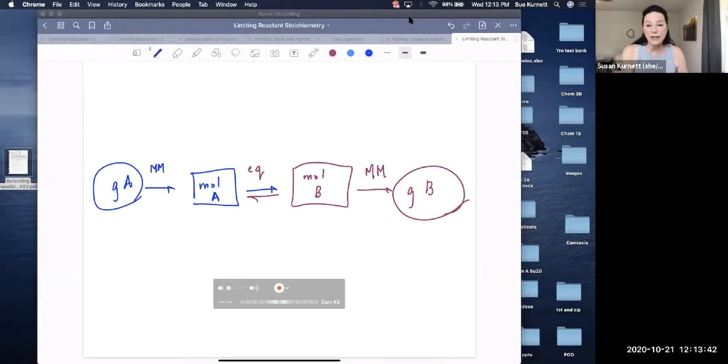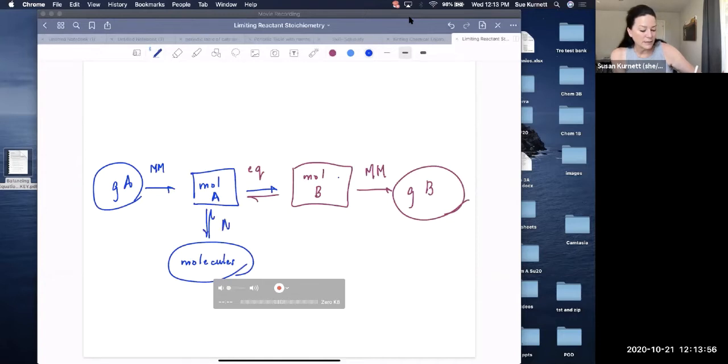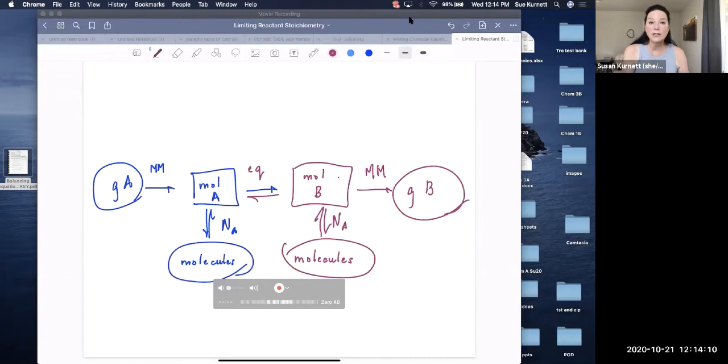Are there other ways that we could get to moles of A? Sure. Let's say that you had the number of molecules. You could use Avogadro's number to get to moles of A. Avogadro's number is the same for each because all that matters is how many pieces in the group that we call a mole.